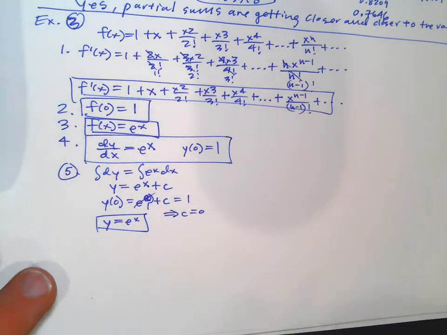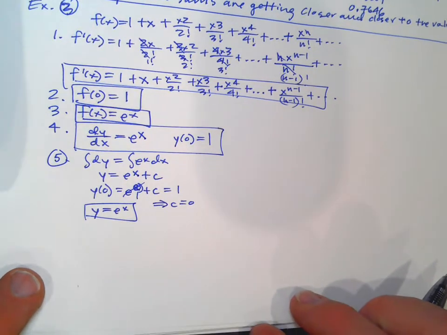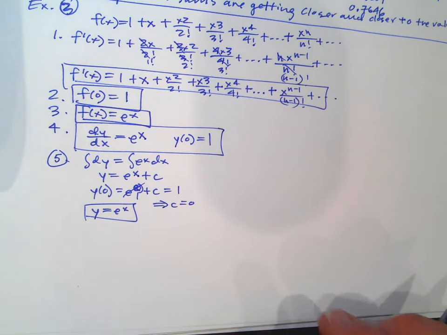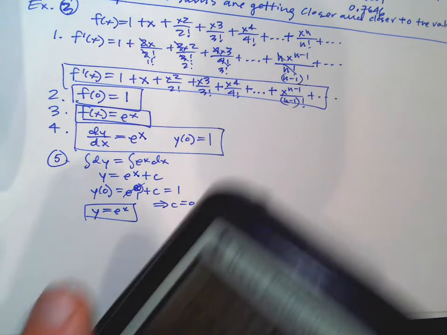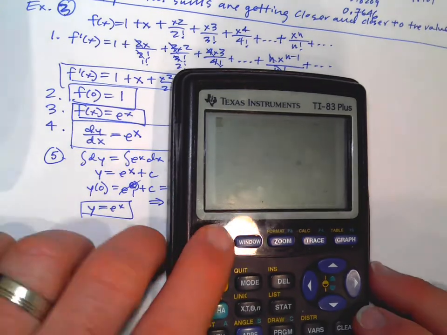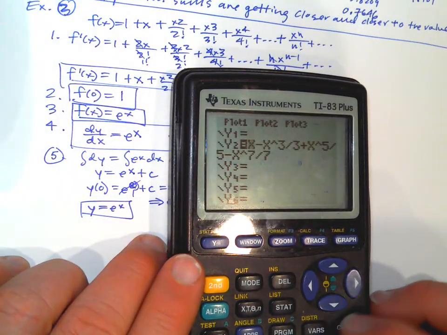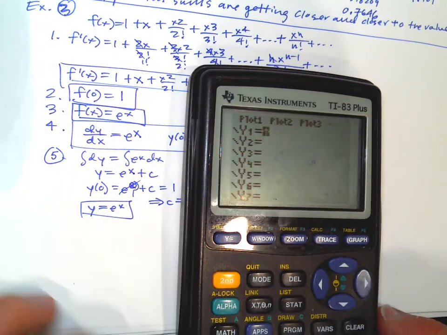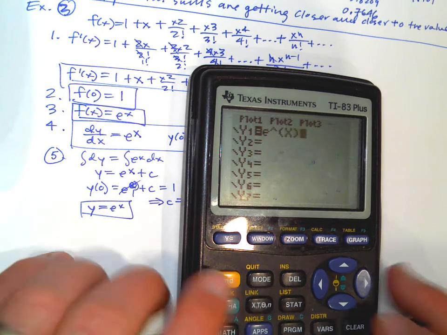All right. 6, graph the first 3 partial sums. What appears to be the interval of convergence for this function? Okay, so kind of like what we did before. Graph the first partial function. So we're going to do e to the x.